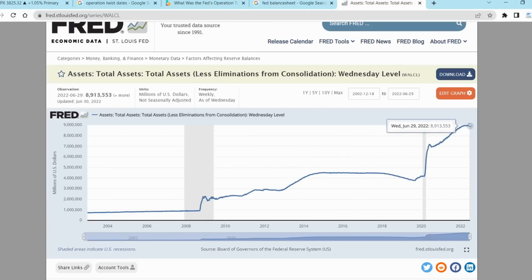Close to 5. This is 9 million. Total assets. Factors affecting reserve balances. Let me see. I thought it was a 5 trillion expansion, but I could be wrong. See, this is actually 8 trillion. No?